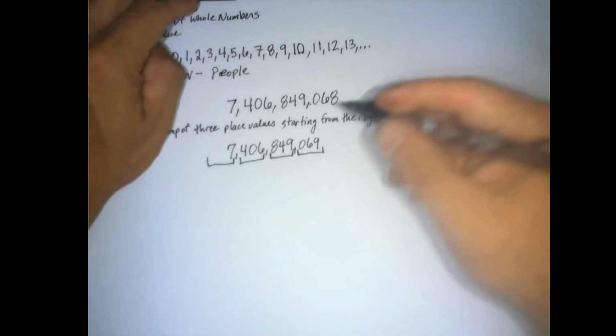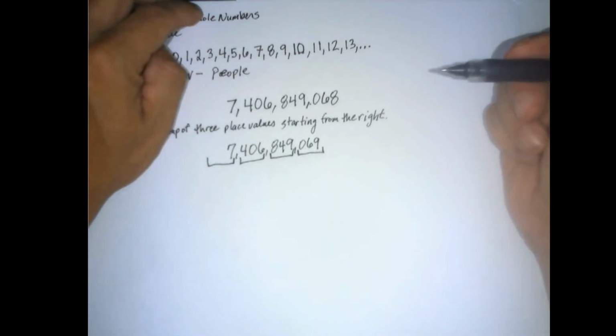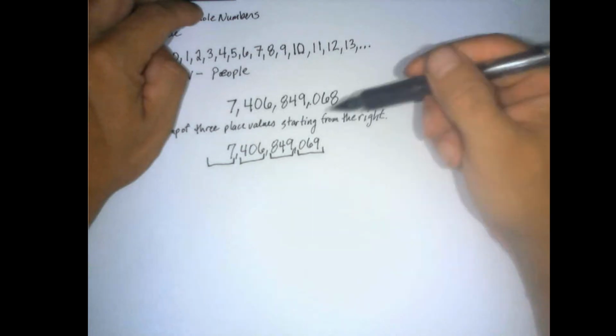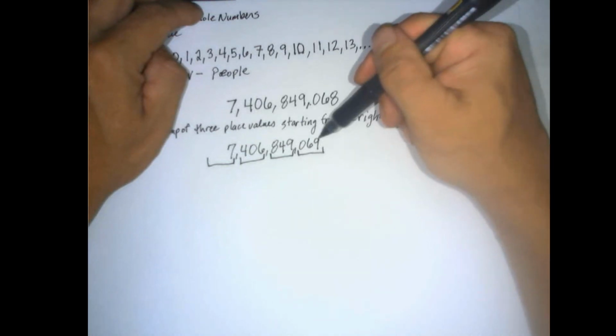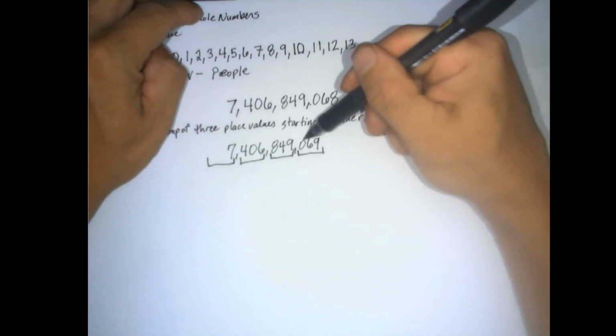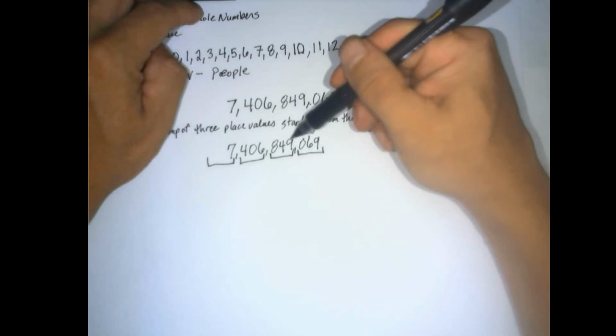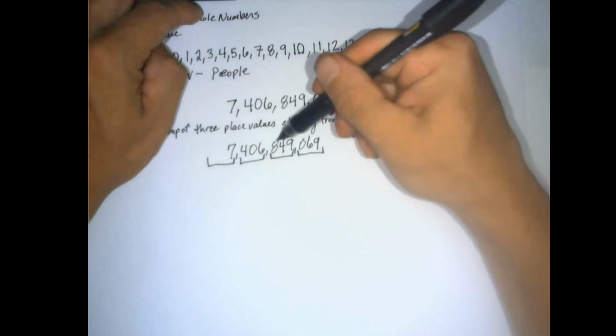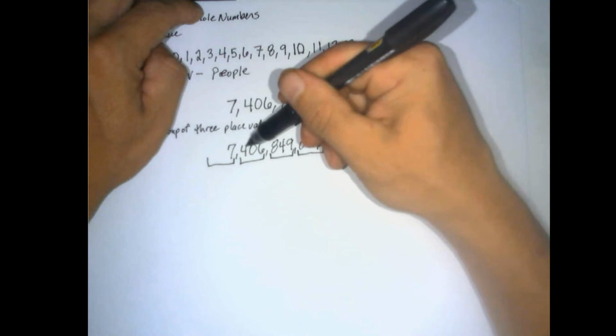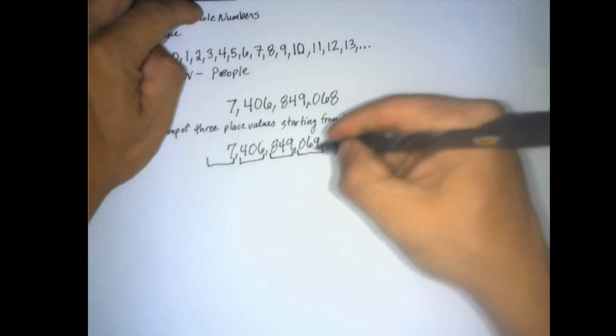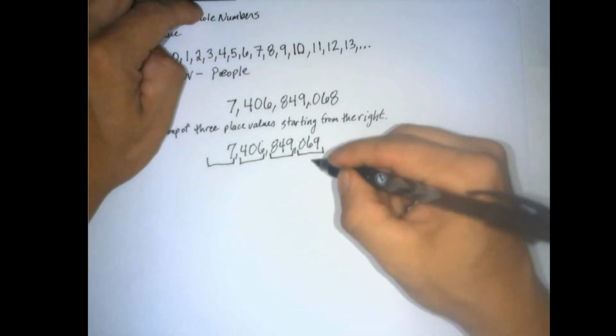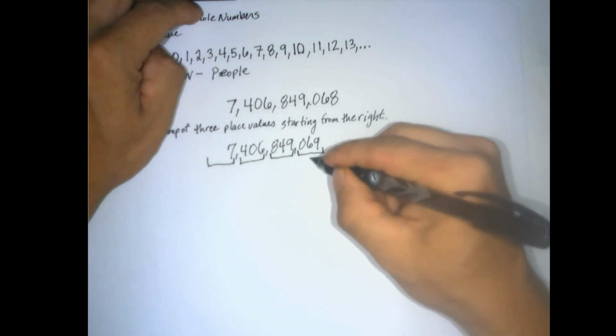So inside each period, we have 3 groups of numbers, and each of those is a place. So this is ones, tens, hundreds. And then in the next period, we also have the ones, tens, and hundreds. And they are named after the period name. So this first period is the ones period.